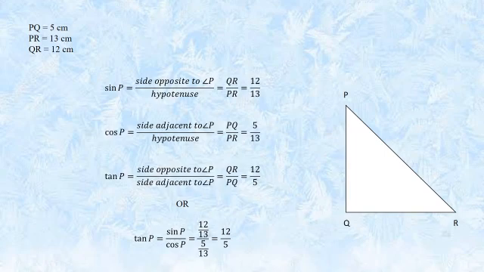Denominator 13, 13 would get cancelled. So, we are left with 12 by 5. We can use either of these two formulas to find tan value. In this question, since we have already found sin and cos, we can use the other formula also. Any one would be sufficient to answer.